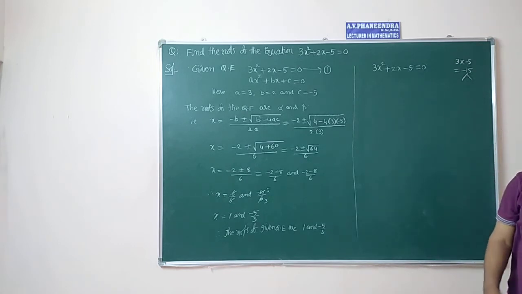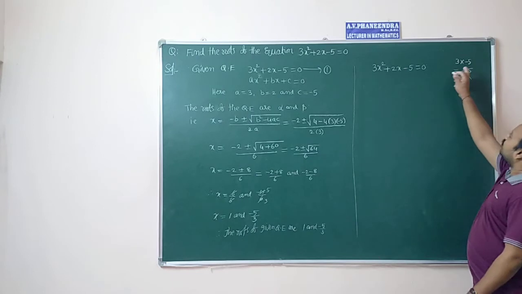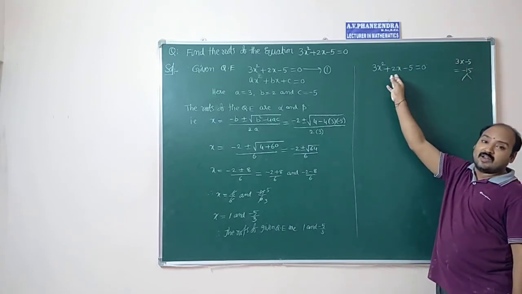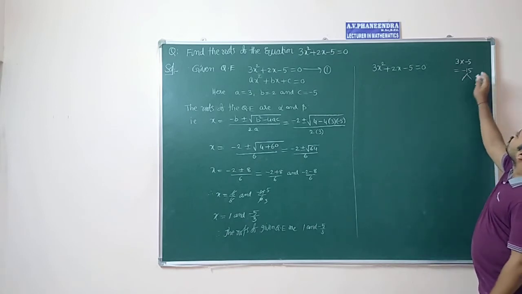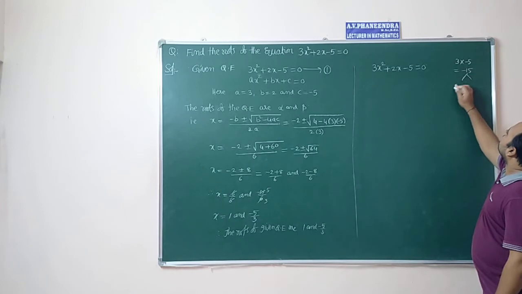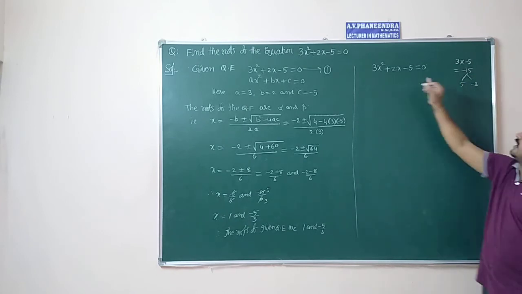Write minus 15 as a product of two terms whose sum is equal to the middle term. What are the possibilities? Plus 5 into minus 3. If you add these two, you get 2.